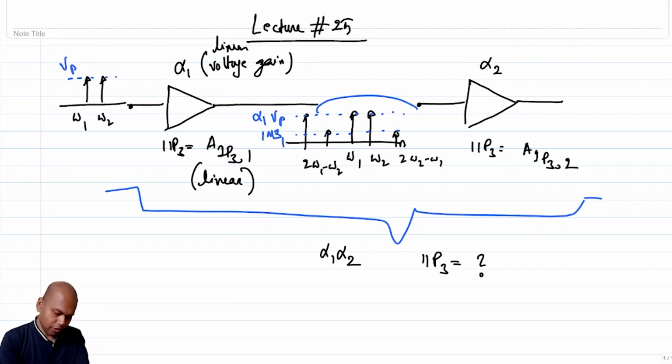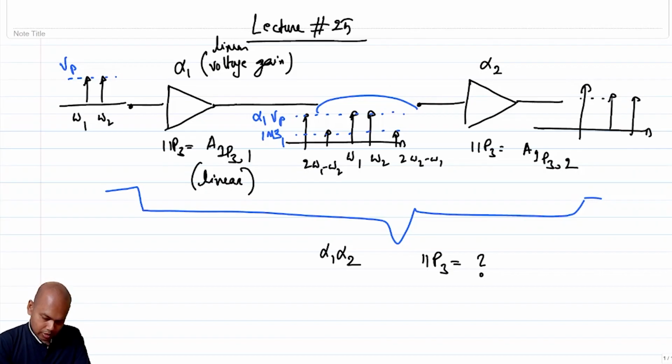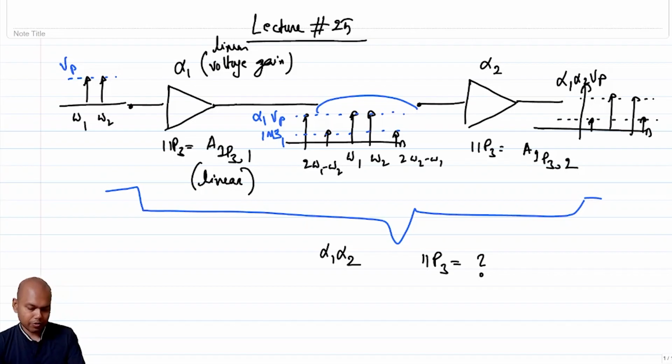Similarly, at the output of alpha 2, what am I going to get? If the second block is perfectly linear, I'm going to get this term, which is alpha 1 alpha 2 times VP, and I'm going to get the IM3 terms, but the IM3 tones will be basically a scaled version of the IM3 of the previous stage. So this will be alpha 2 times IM3 1.